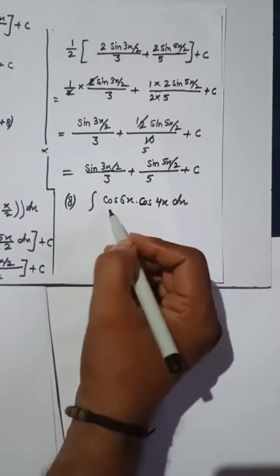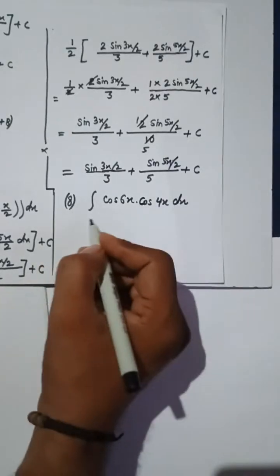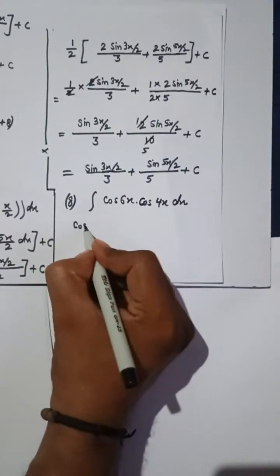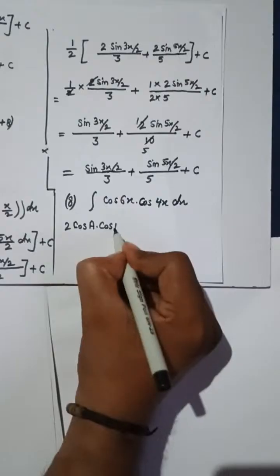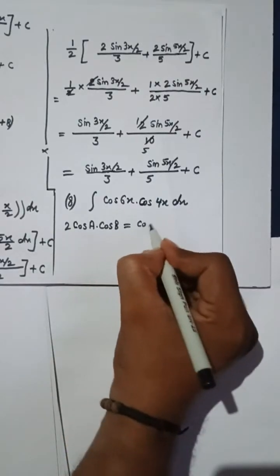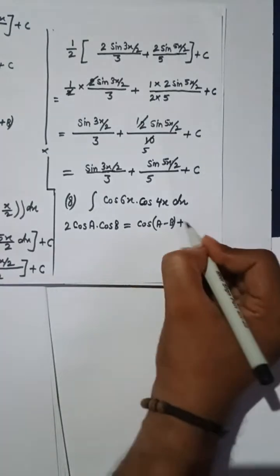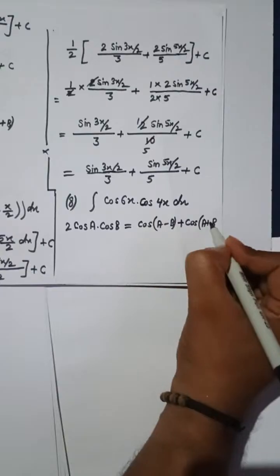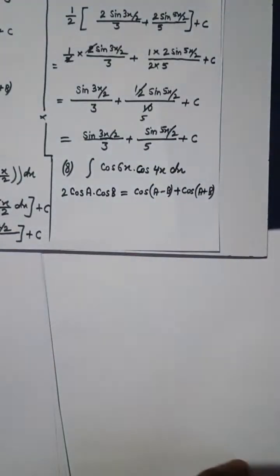Okay, let's do this one. Cos 6x cos 4x into dx. Which formula is applicable over here? Both are cos, so I can write 2 cos a into cos b, which gives cos a minus b, then plus cos a plus b. This formula I'm going to use over here to conquer this problem.